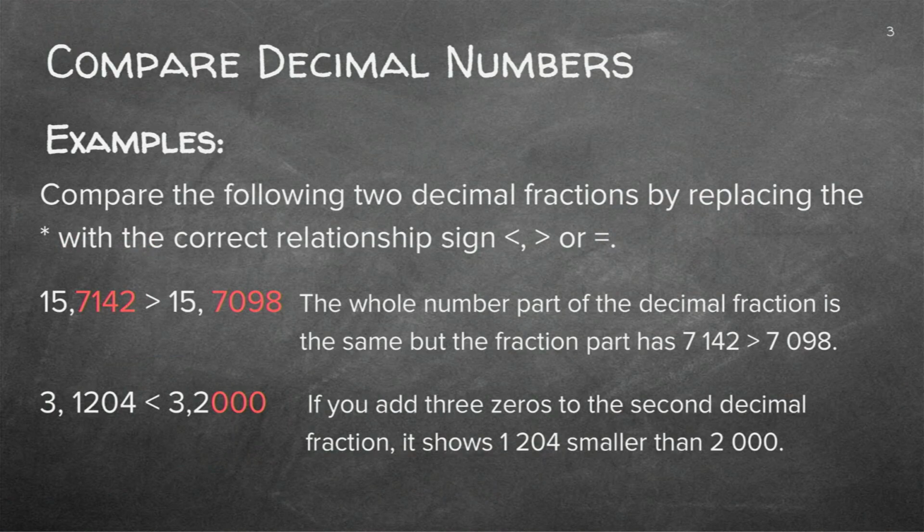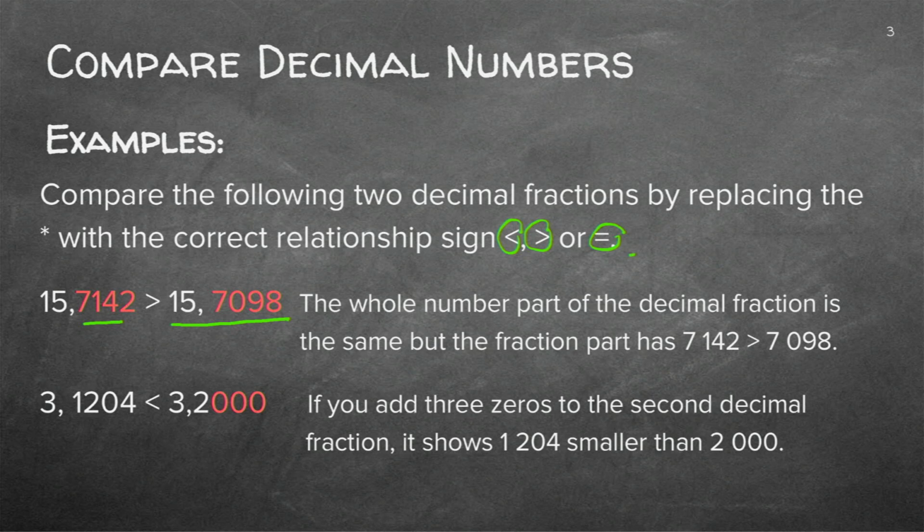So if we compare two decimal fractions, we can either replace this with the smaller than, larger than, or equal to sign. So now they ask us to compare 15,7142 and 15,7098. And they ask us to either put the smaller than, larger than, or equal to.